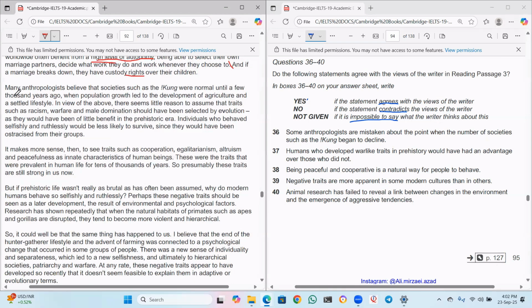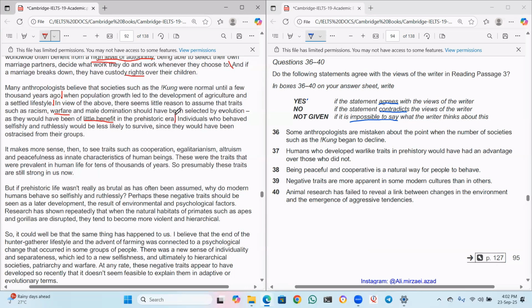Okay. So many anthropologists believe that societies such as Kung were normal until a few thousand years ago, when population growth led to the development of agriculture and a settled lifestyle. Okay. In view of the above, there seems little reason to assume that traits such as racism, warfare, and male domination should have been selected by evolution, as they would have been of little benefit in the prehistoric era.